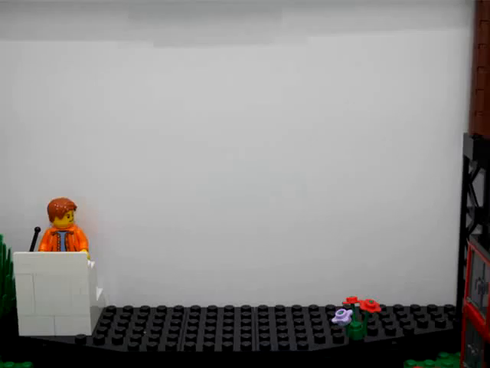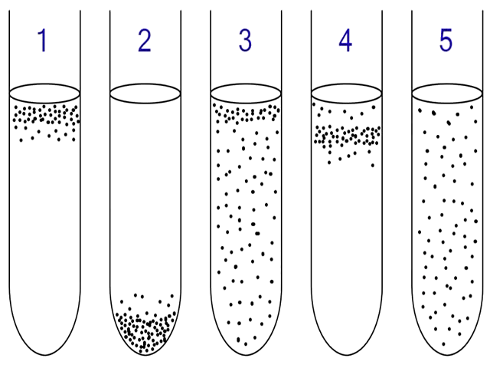Now alternatively, you can use a method where you just take a specimen and plate it across a tube of agar, as you can see here, and then just look to see where the organism will grow. So in the first tube, you'll see all the organisms tend to cluster near the top of the agar, and this tells you that this is an organism that requires an oxygen environment in order to survive.